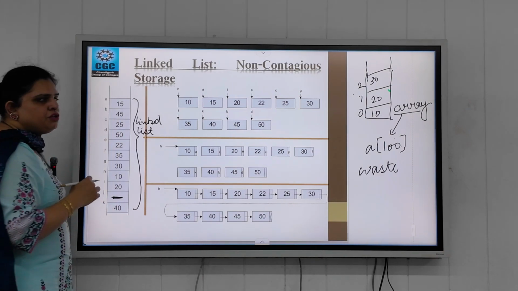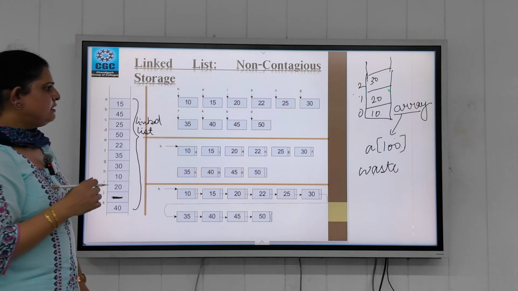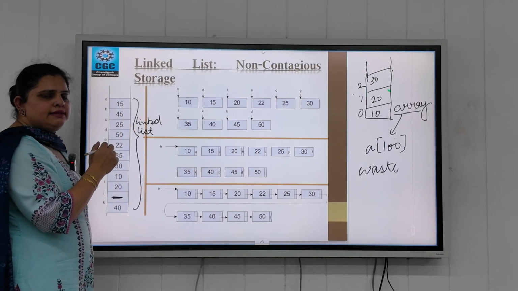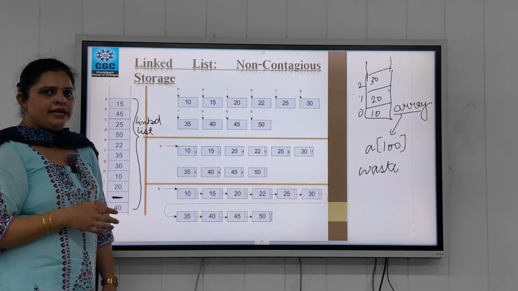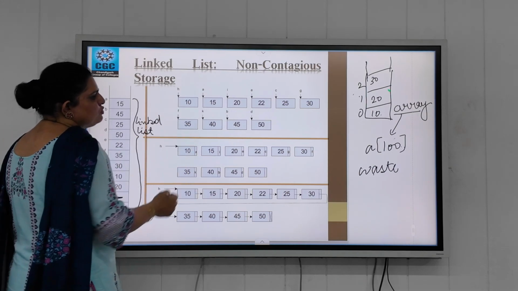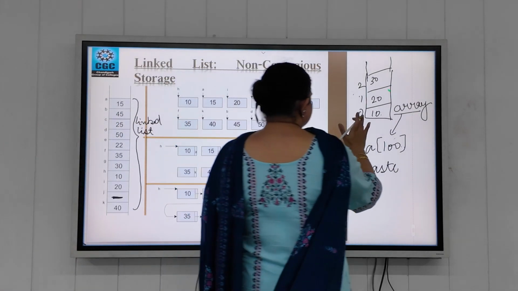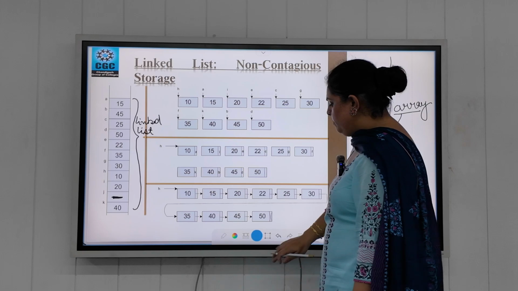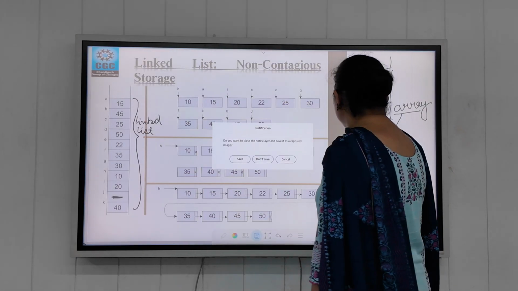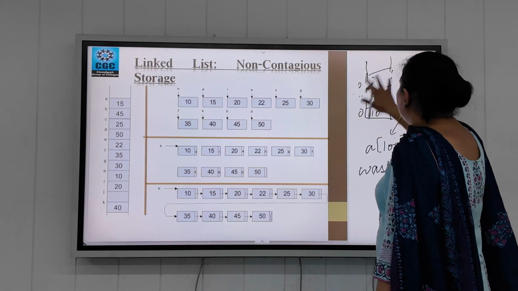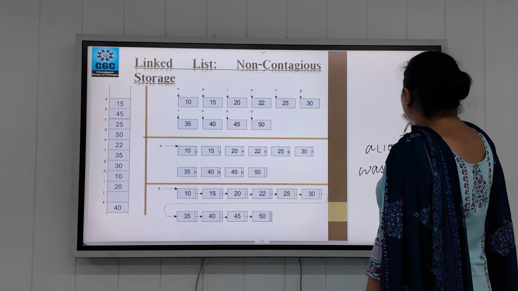So whenever we store our data in a linked list, we create a linked list and one more list is automatically created. That list is known as the available list. So what is the available list?